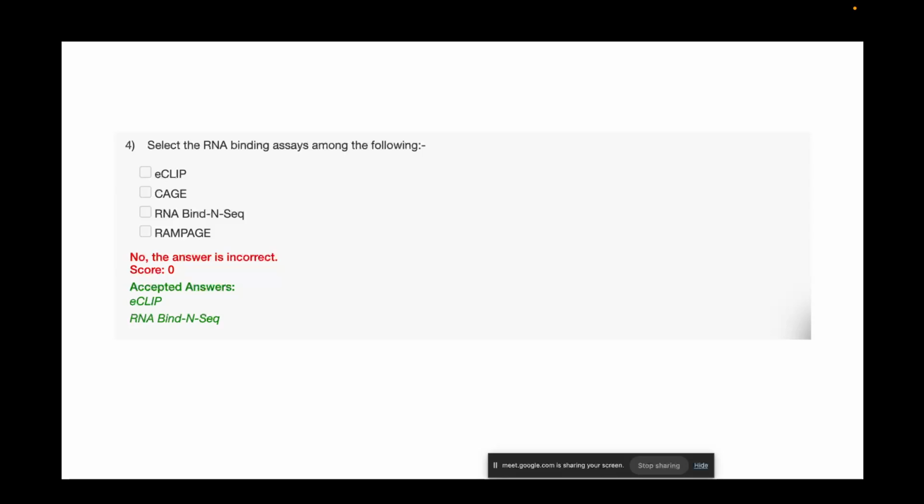So it is also an RNA binding assay. So these two are correct. The other two are also RNA analysis. CAGE is used for gene expression analysis, and RAMPAGE is used for annotation and mapping of promoters. So those are fine, but those do not use binding assays.